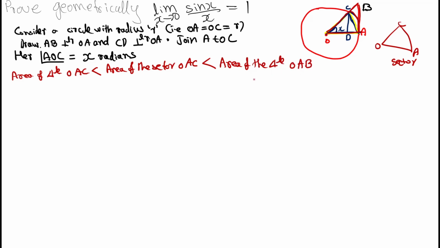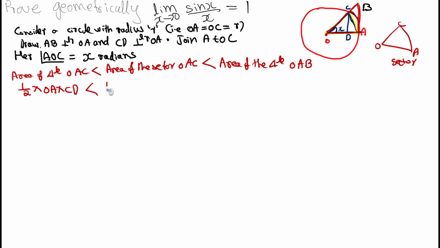Next, find the area of the corresponding triangles. First, area of the triangle OAC is half into base OA into height, that is CD, which is less than area of the sector OAC.